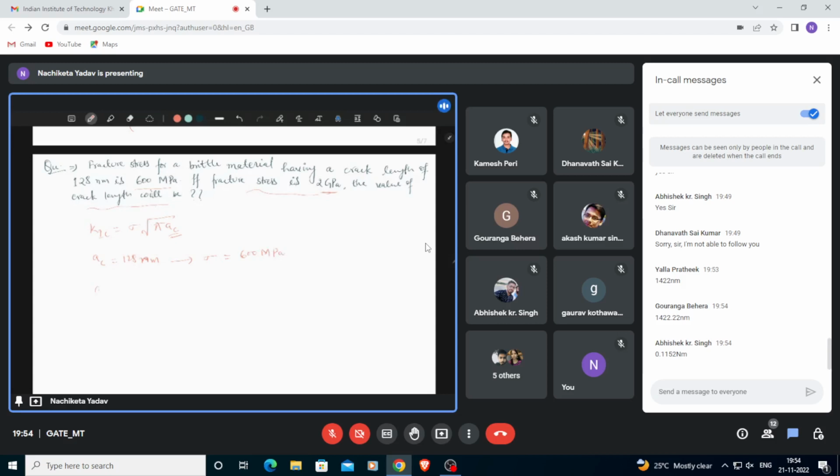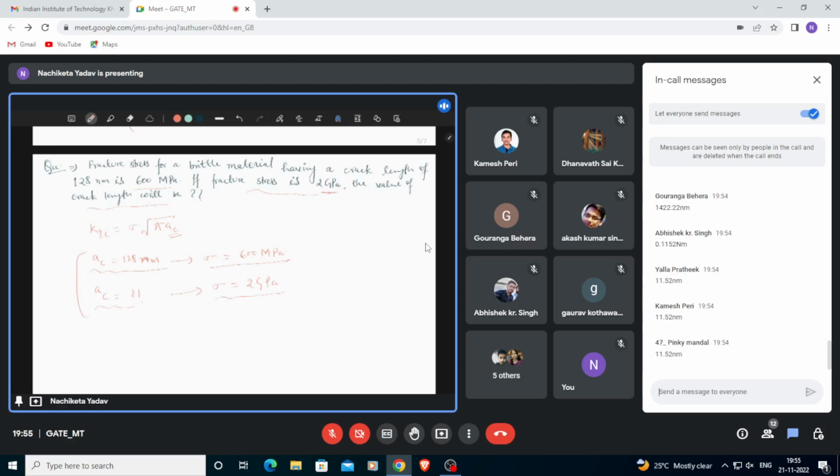We have to calculate AC value when sigma value will be 2 gigapascal. At 600 megapascal, AC value is this one. So at 2 gigapascal, what will be the AC value? Yeah, it is true.